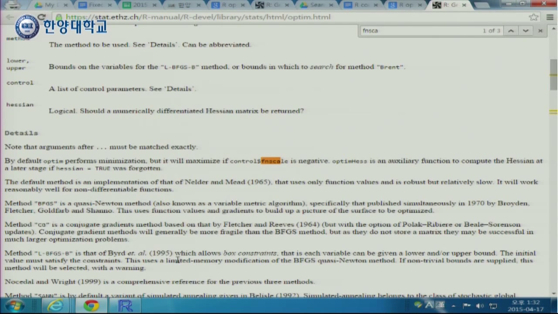So it is an improvement of the quasi-Newton method. Actually, in my previous class, I had students write their own optimization function using the Newton method. But in this class, I'll just let you use the R supplied optimization routine.